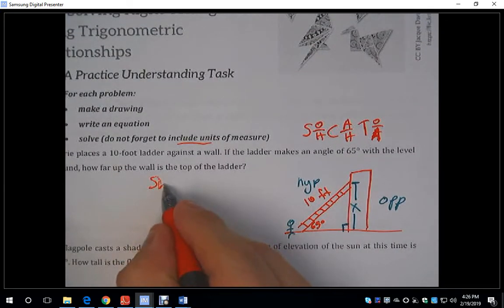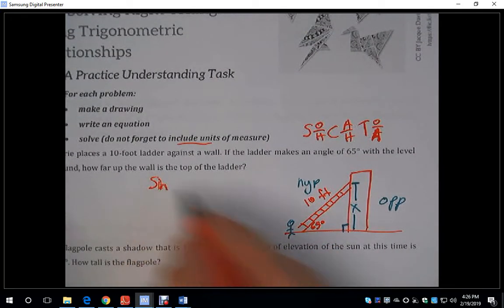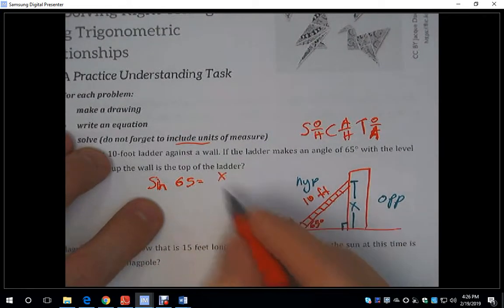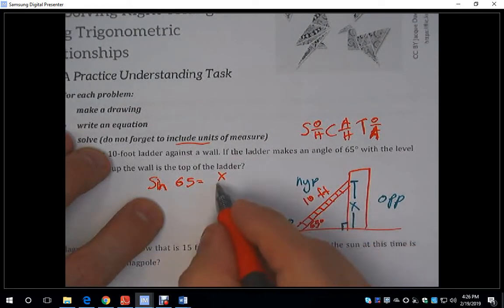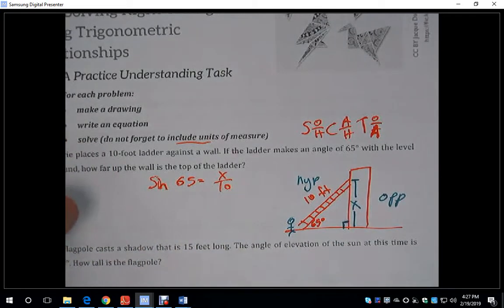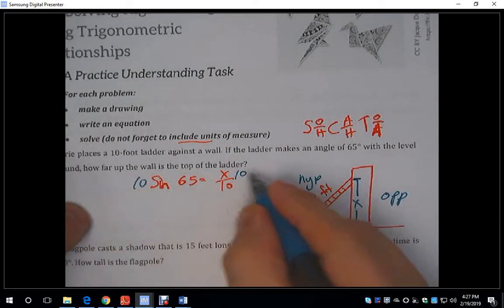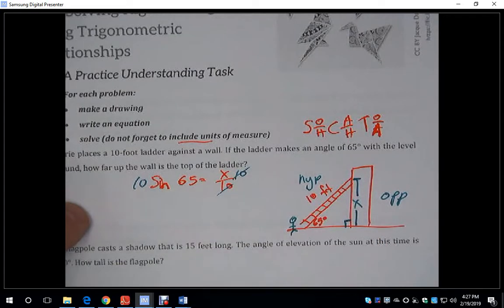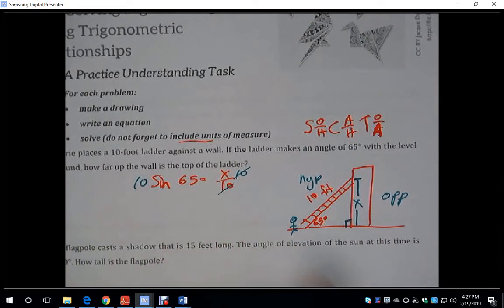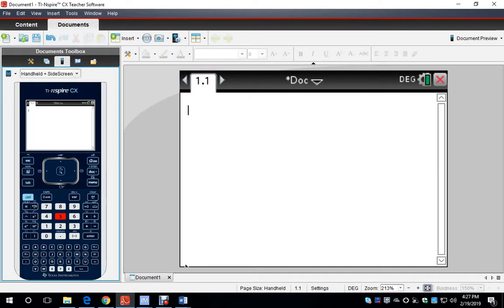So let's use sine of our angle of 65 equals opposite, which is x, over the hypotenuse, which is 10. Now if I multiply both sides by 10, then on the right hand side, 10 divided by 10 gives me 1. I have x by itself, and then we throw 10 times sine of 65 into our calculator.